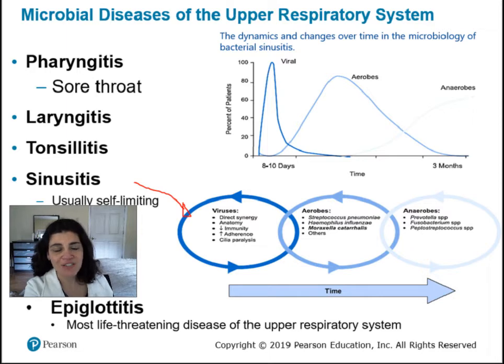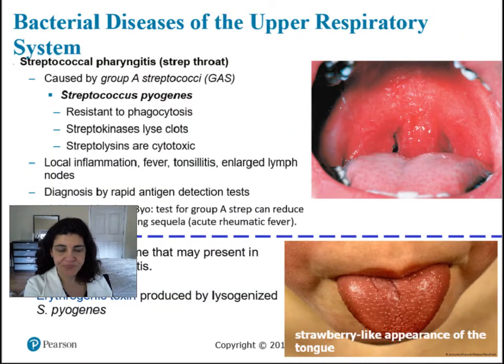And then later you have anaerobes, because the sinus is already filled with fluid. There is less oxygen present, so anaerobes thrive. So then Prevotella, Fusobacterium, and others can cause the sinusitis to persist after 3 months. I thought it was an interesting timeline just to show you.